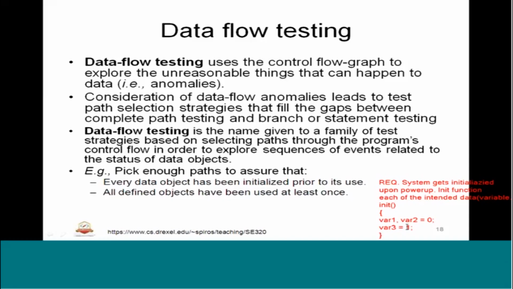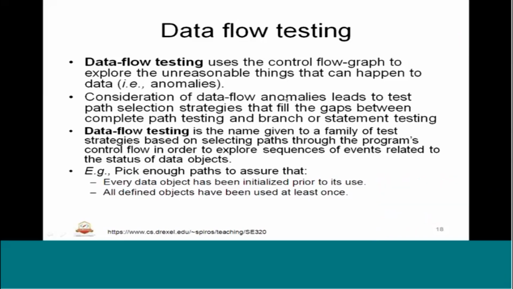If it is initialized with 0, the increment will go wrong. Similarly, if the variables 1 and 2 are initialized to some other value than 0, the program can collapse. That is why it is very important to have data flow testing along with other types of testing techniques.